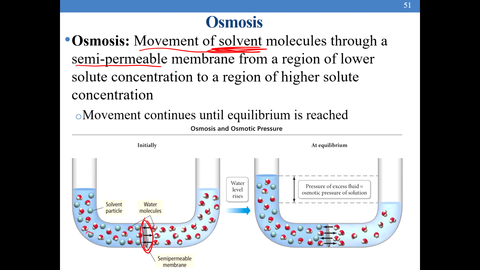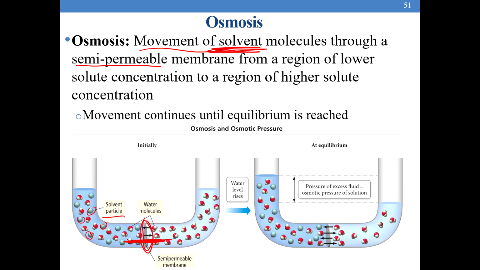The pale blue spheres are called solvent particles here, but you're thinking of the same concept as solute. Water is going to move across the semi-permeable membrane, and that is osmosis: the movement of any solvent, in our case water, across a semi-permeable membrane.